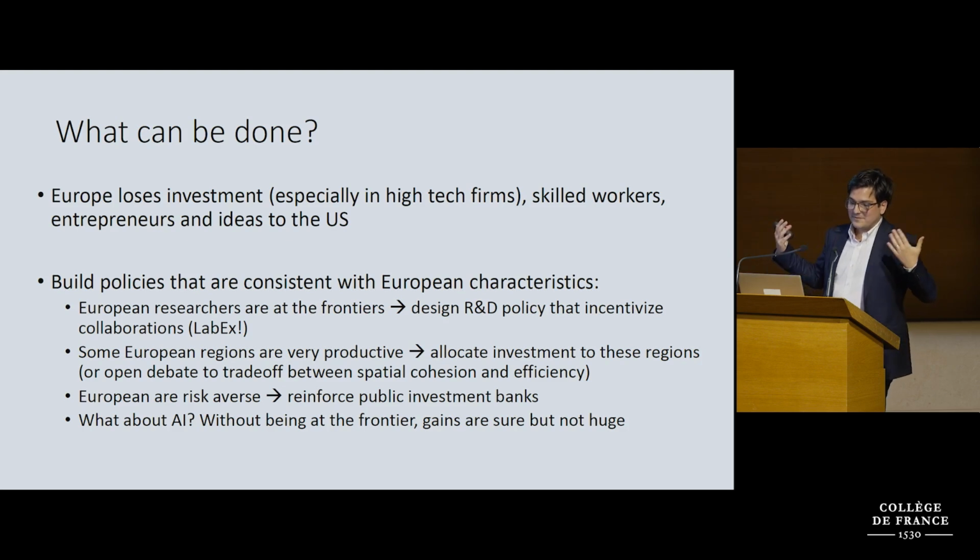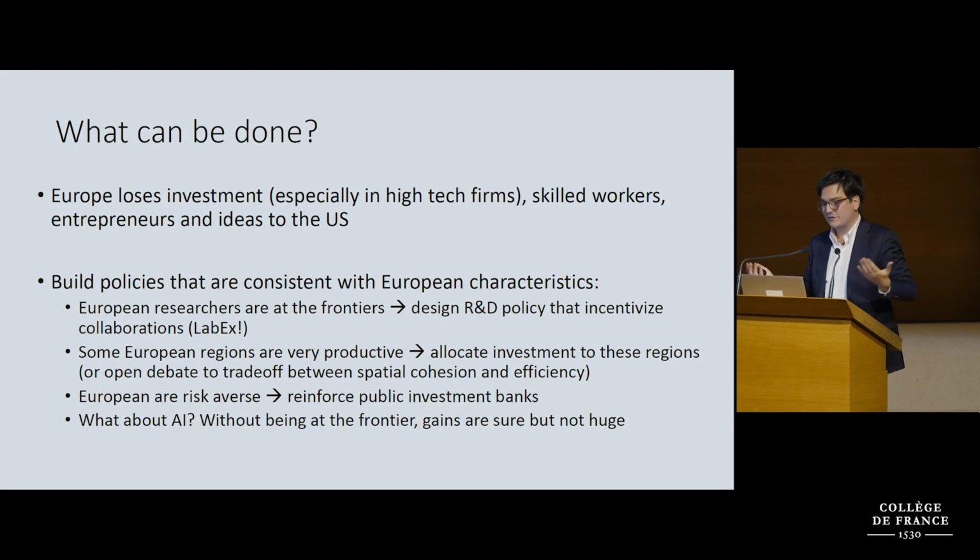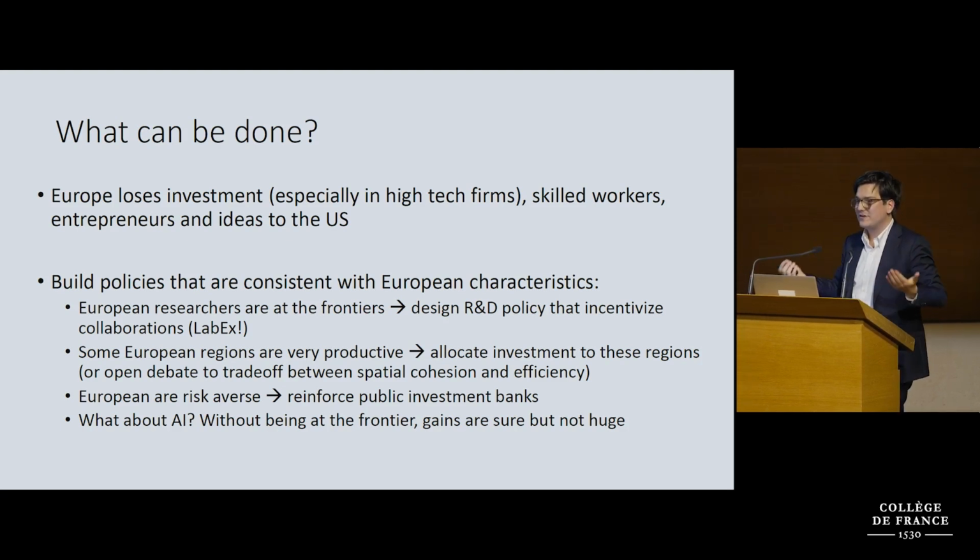The second thing is that some European regions are more productive. And there is, I think, a trade-off between the way we think about the role of Europe in trying to design spatial cohesion policy and send funding to the less productive and less developed areas in Europe, as opposed to building a strategy that would be efficient in terms of developing new technologies, which probably involves redirecting part of these funds towards the more productive regions.